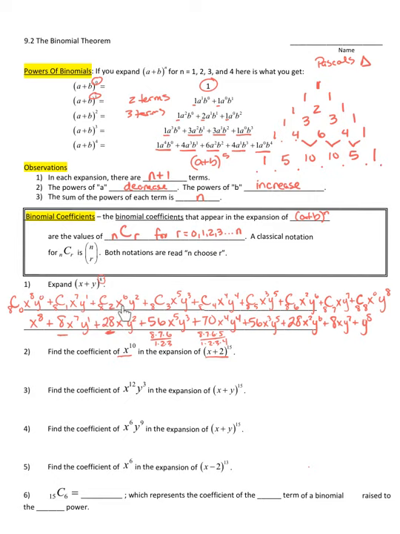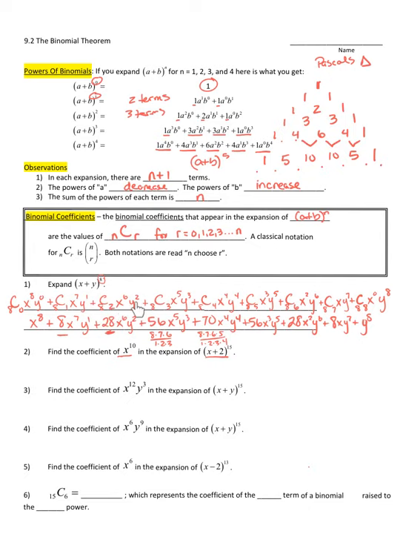I want you to notice the properties of the exponents and the combination numbers. All right, so if you notice, x to the 6th, y to the second, the coefficient is the combination of 8 things taken 2 at a time.